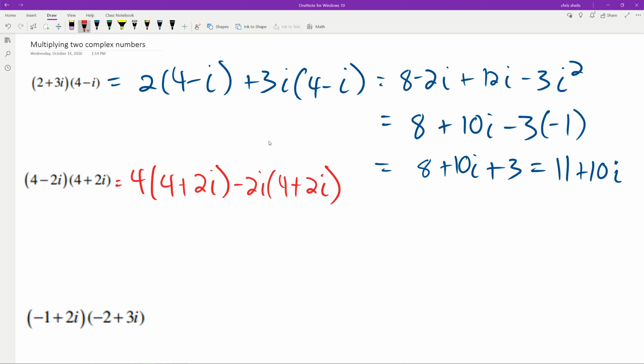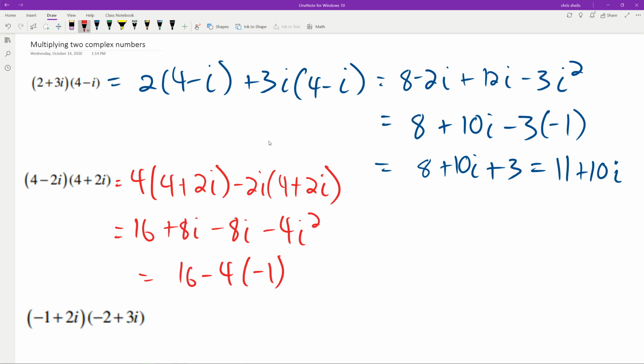Notice that this one is going to multiply out to be kind of special, so we'll see what that result is. This is 16 plus 8i minus 8i minus 4i squared. Notice I have plus 8i minus 8i. This imaginary stuff in the middle cancels. So this is 16 minus 4 times negative 1, because i squared is negative 1.